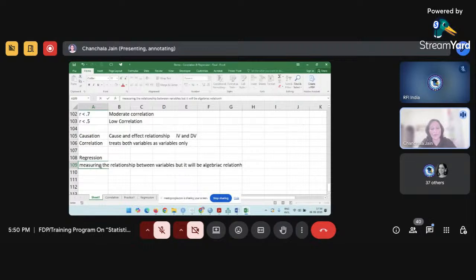It means here we will have some magnitude of the relationship, whereas in correlation, we have seen there is only the percent relationship between the two variables. It does not express them in the form of numbers, right? But regression can help you measure that relationship in the form of numbers. That is why it is called an algebraic relationship, right?